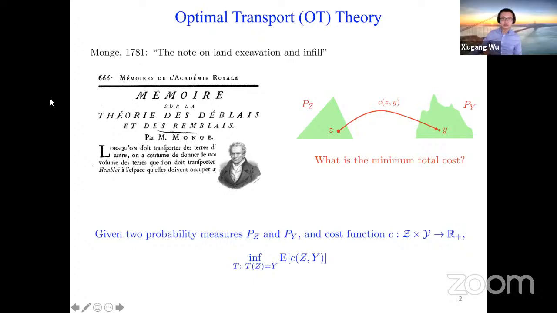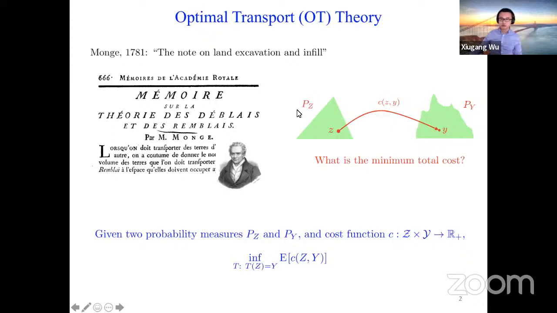Optimal transport is a mathematical theory pioneered by the French mathematician Monge around 300 years ago. In his paper titled The Note on Land Excavation and Infill, Monge studies how to transport one pile of sand to another place with a prescribed shape in the most cost-effective way. Using modern mathematical and probability theory language, Monge's optimal transport problem can be formulated as follows.